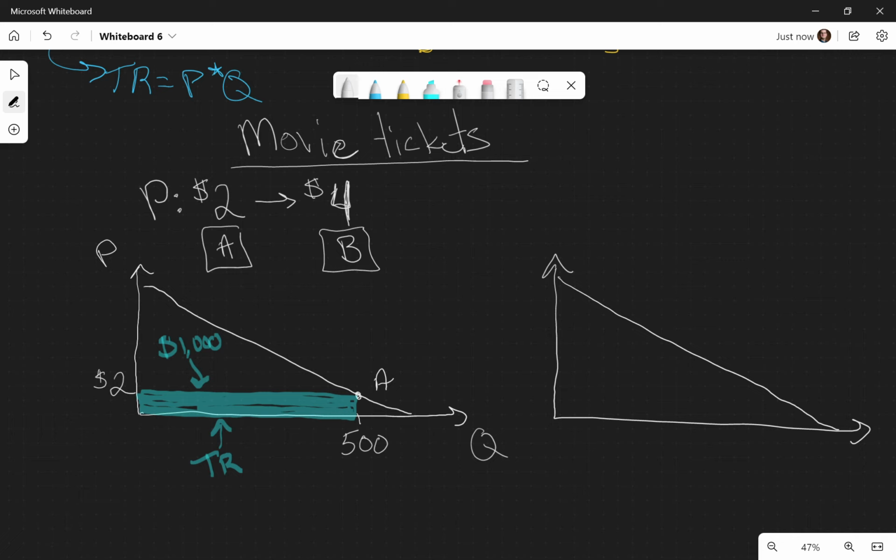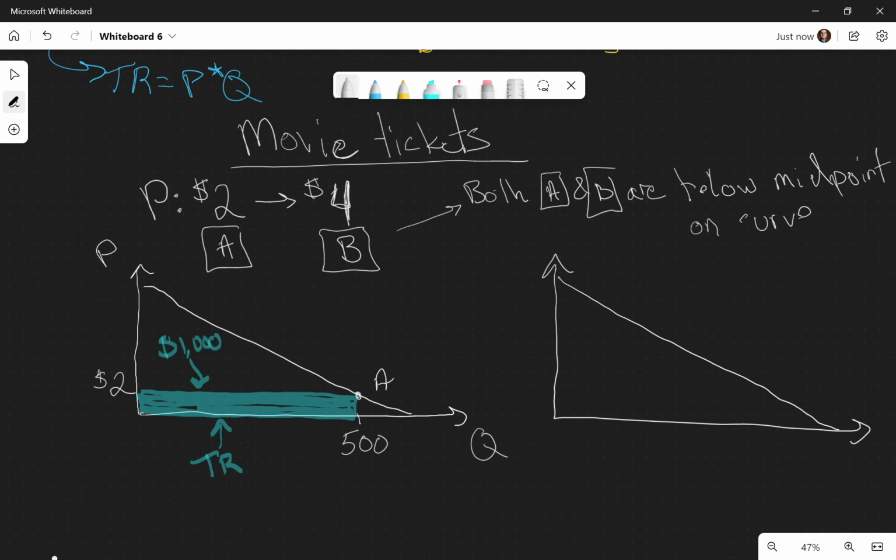We're given this information that both A and B are below the midpoint on the curve.